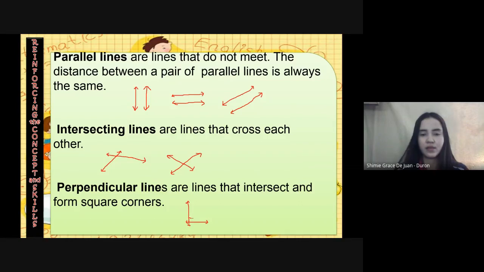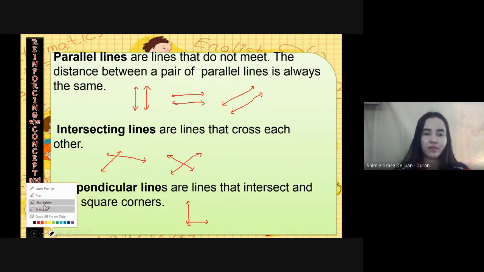So when we measure it using the protractor, the angle that will form here will measure 90 degrees.